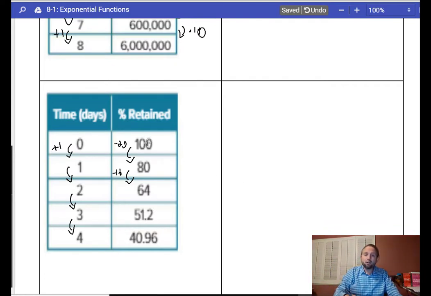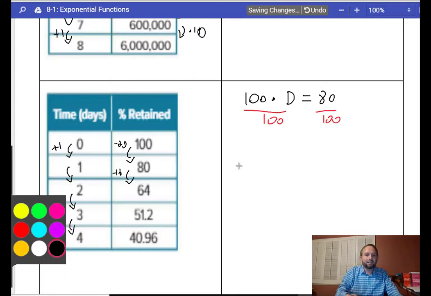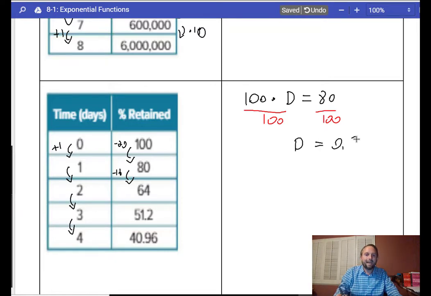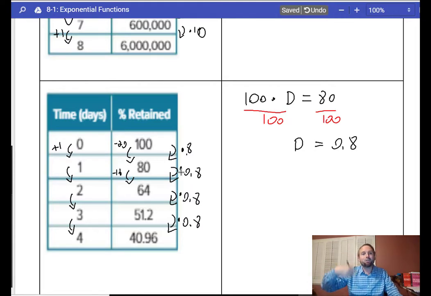But if we don't know what we can multiply to go from this number to this number, we can create an equation. 100 times d is equal to 80. And now all I need to do is divide by 100 on both sides, and I will get d is equal to 0.8. And now when I put this into the calculator, and I times 0.8, and I times 0.8, and I times 0.8, I'm going to see, hey, look, it has an exponential decay of 0.8.